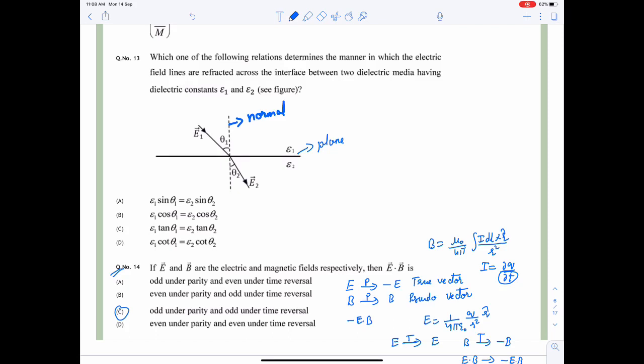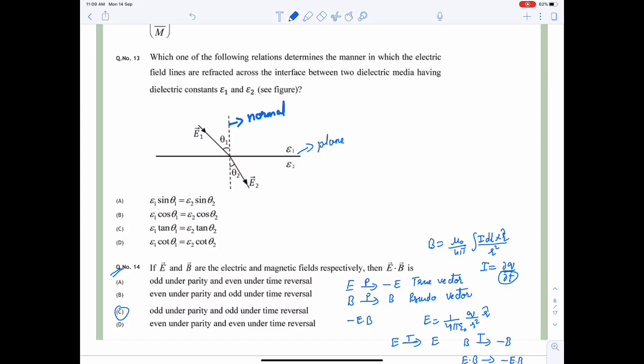Now the electric field travels from surface one, with dielectric constant epsilon 1, to epsilon 2. The angle is made from the normal.